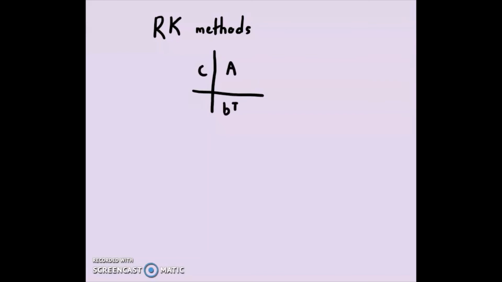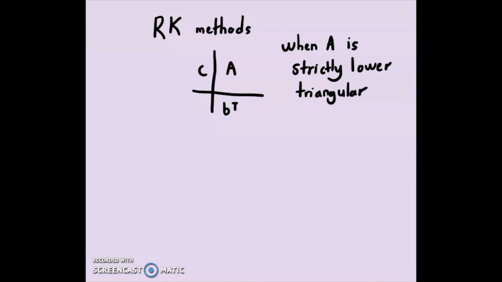So I have looked into a few methods. We are looking at RK methods, which have this form C, A, B transpose. Now when the A matrix is strictly lower triangular, you have an explicit method.